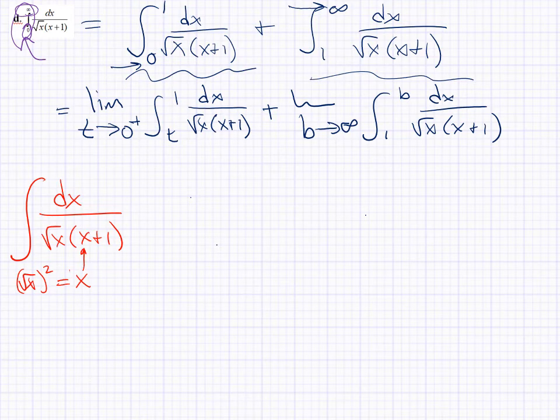The square root of x squared is actually equal to the absolute value of x. And the absolute value of x is equal to x when x is greater than or equal to 0, and negative x when x is less than 0, just a definition of absolute value. But remember, we're working with x's that are greater than or equal to 0, so the square root of x squared actually just equals x.